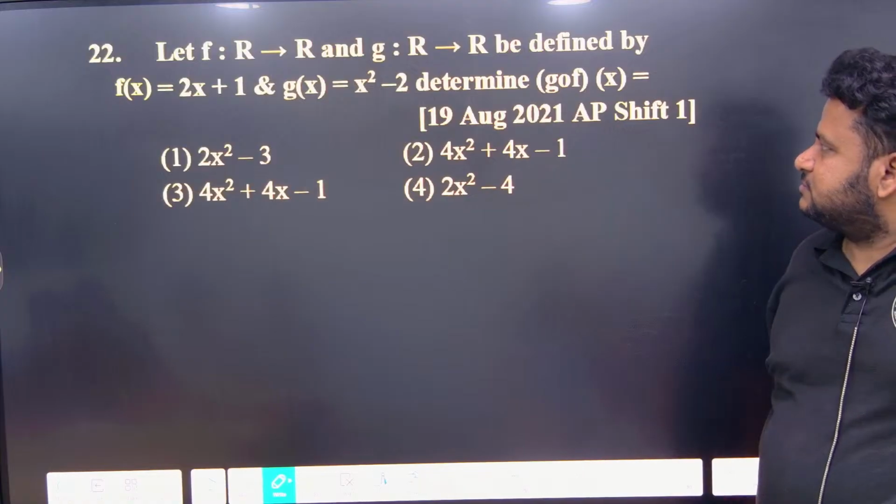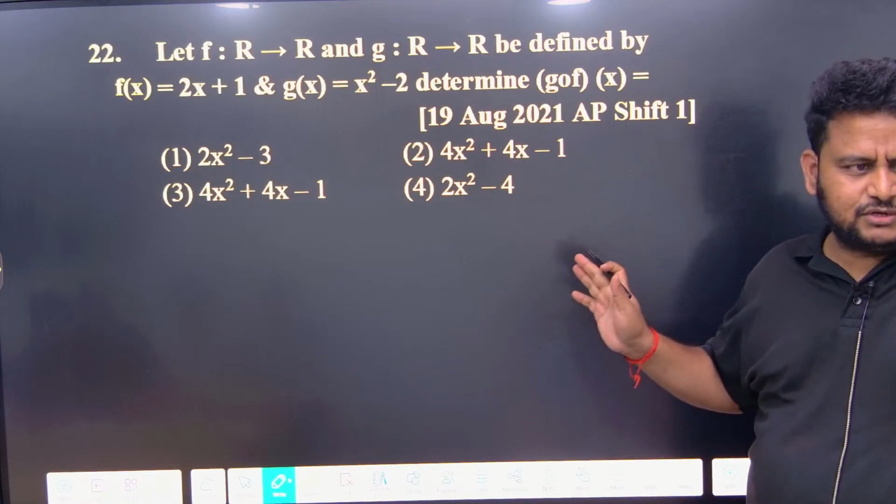Determine g of f of x. Simple question, you can do it. Try this one.